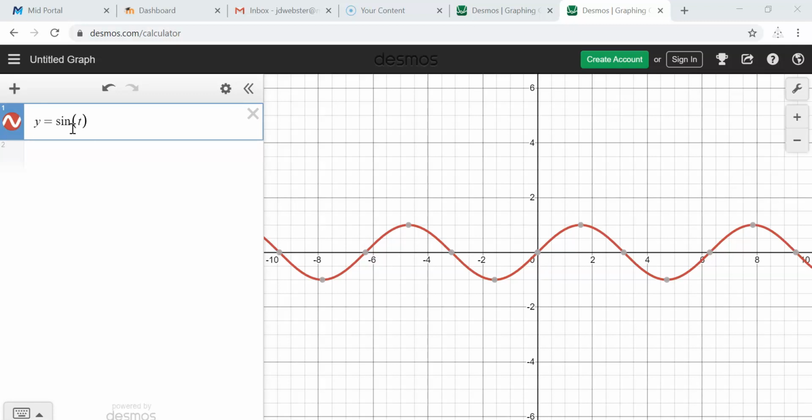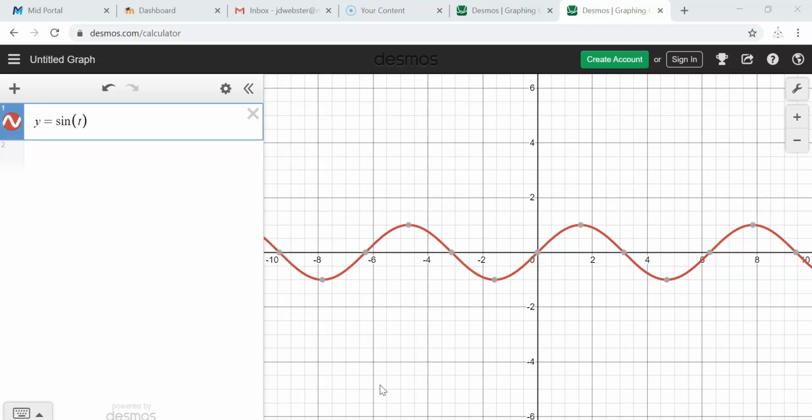Let's do y equals sine t. Well, it's 0 when t is 0. It's 0 when t is pi, when t is 2 pi, when t is 3 pi. It's 0 when t is negative pi, or negative 2 pi, or negative 3 pi.